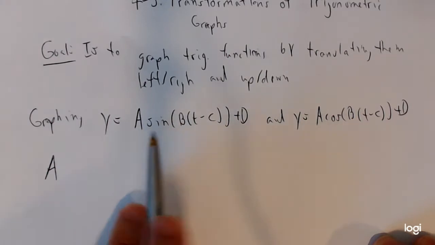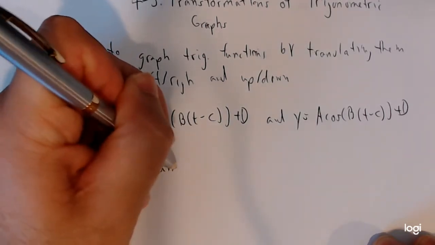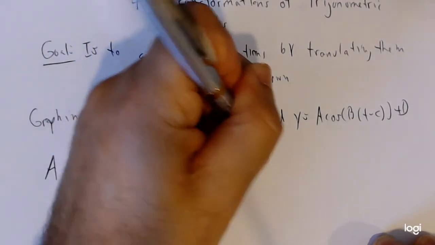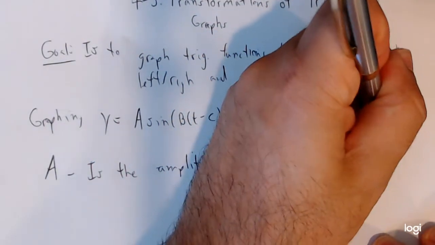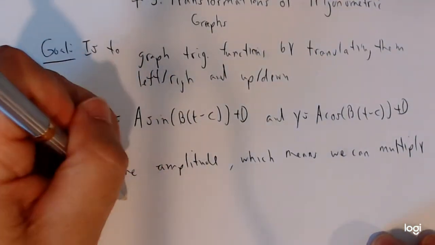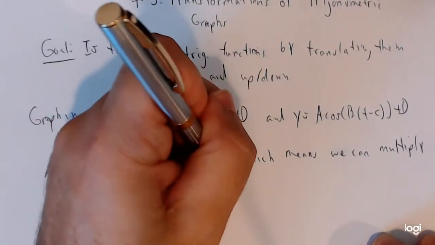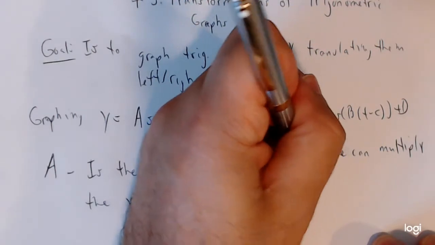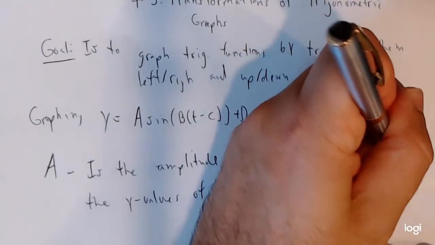What is a doing? In the last section, we said this is the amplitude, which means we can multiply the y values of the graph of our trig functions by a.